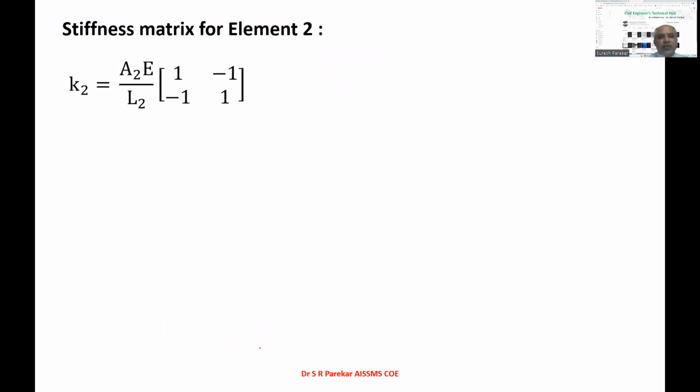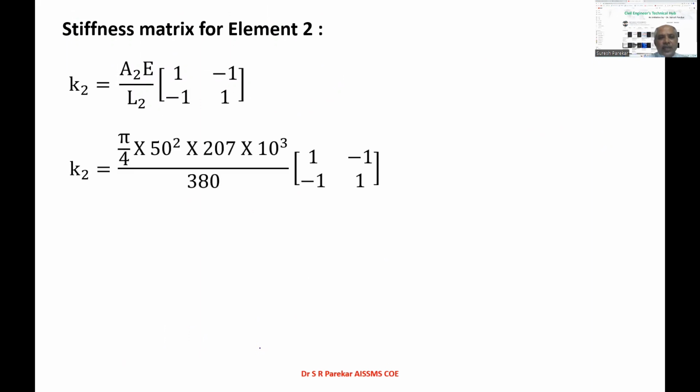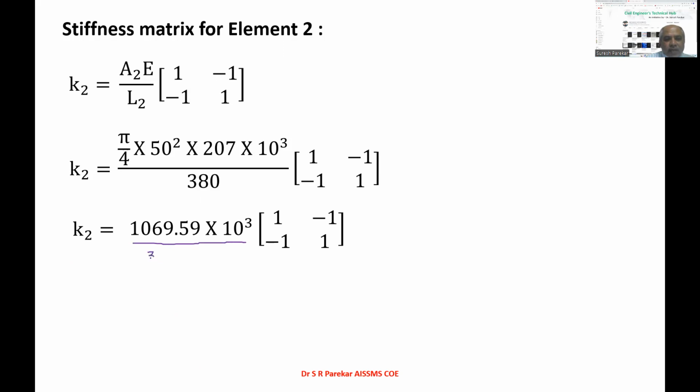Now for element 2, we have K2, A2 E upon L2. We have L2 as 380, diameter 50, and E the same, 207 into 10 raised to 3. If we solve this, we will get 1069.59 into 10 raised to 3. Now, as already mentioned, in the first element we have the value 338.7, so we divide by 338.7 into 10 raised to 3, and whatever value remains, we take inside.